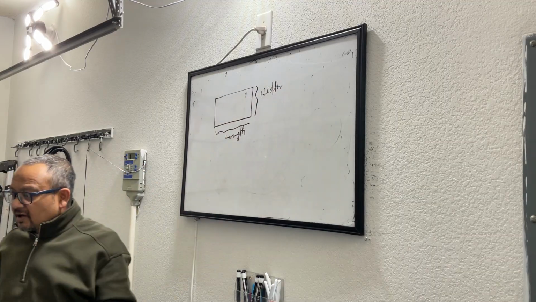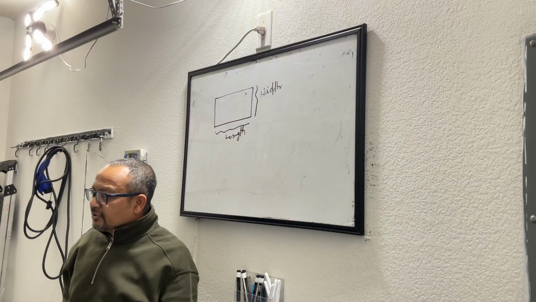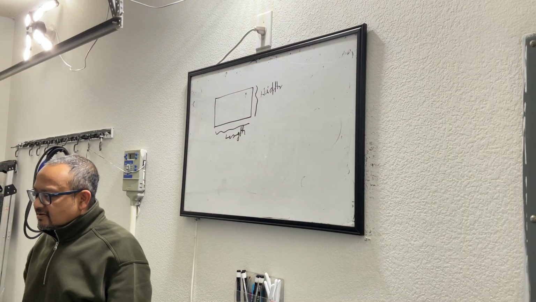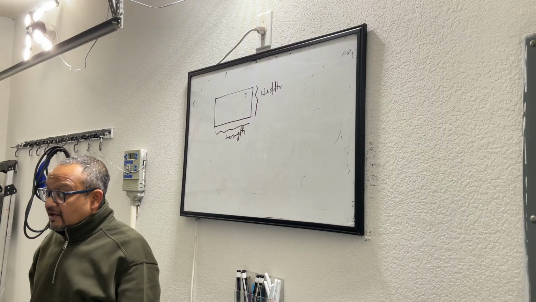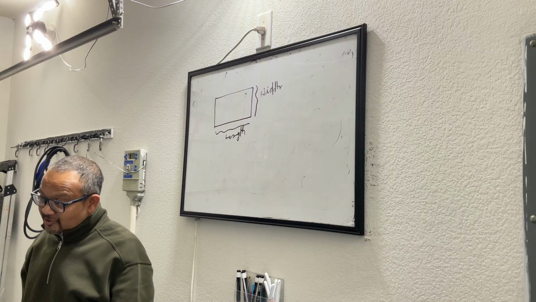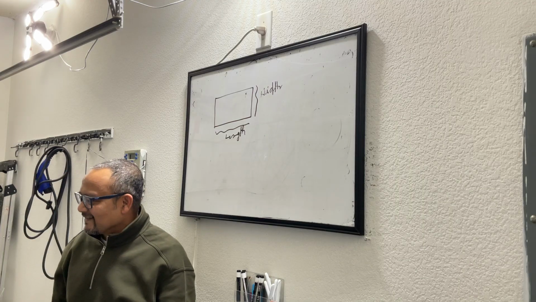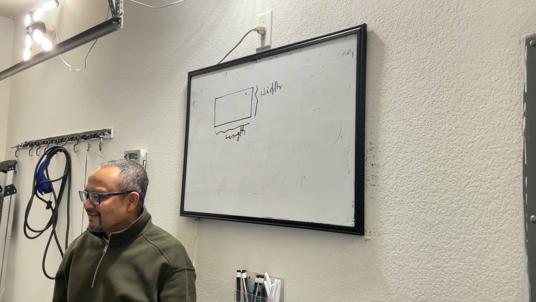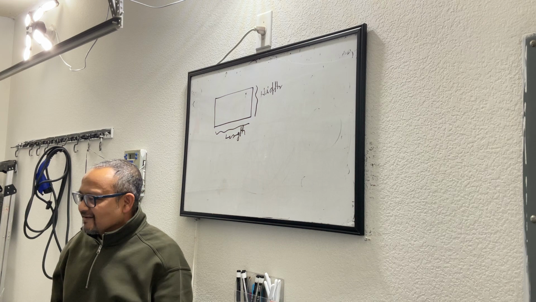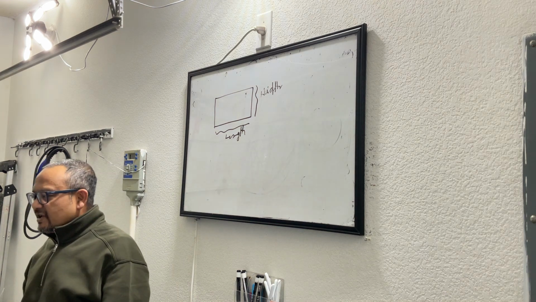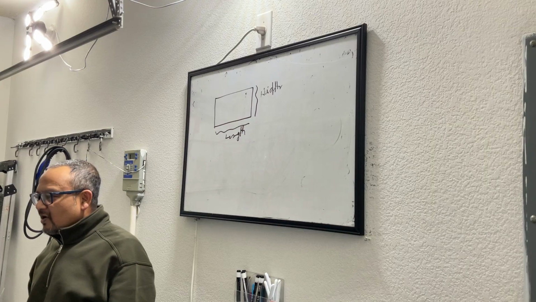What is the area of a rectangle? Does anybody in the class not know what is the area of a rectangle? No, I asked, does anybody in the class not know? Okay. Now let me ask Pujit. Pujit, what is the area of a rectangle? What is the formula for that?